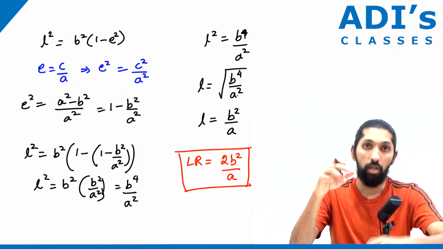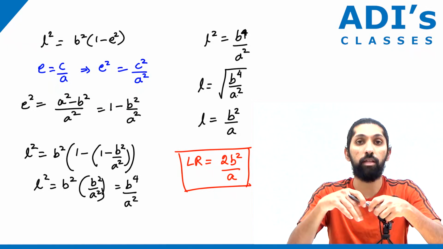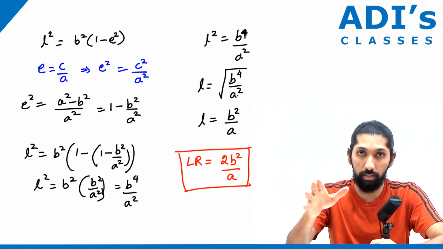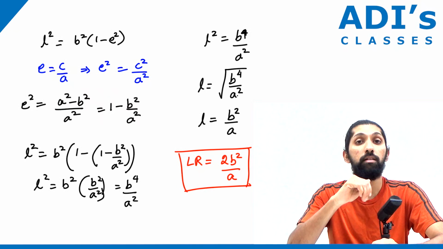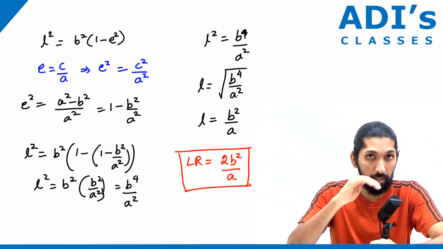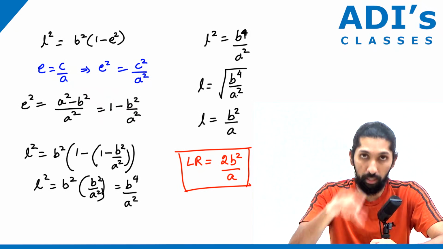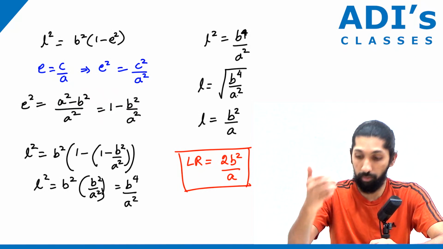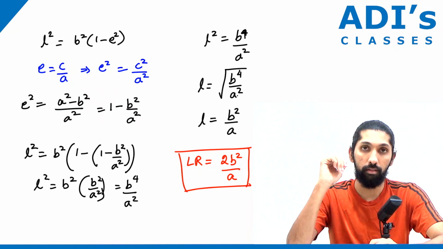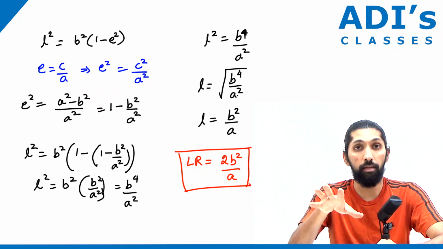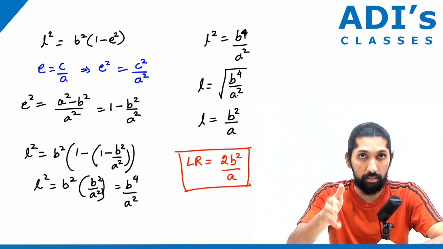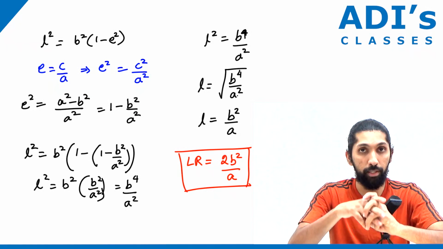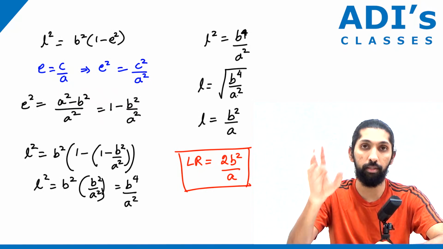Fair enough? So for the ellipse with the major axis being the x-axis, the length of the latus rectum will be 2b square divided by a. Same thing if you have an ellipse with the y-axis as the major axis, then the length of the latus rectum will be 2a square divided by b.